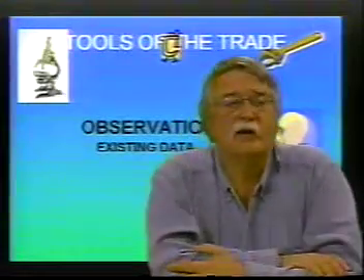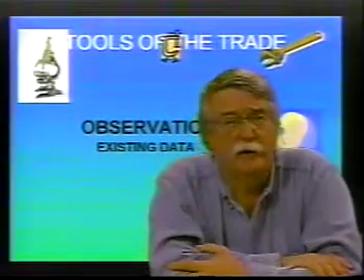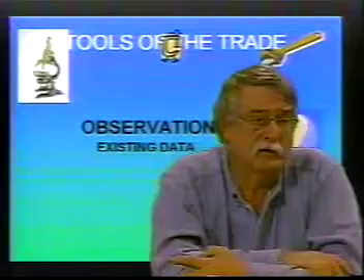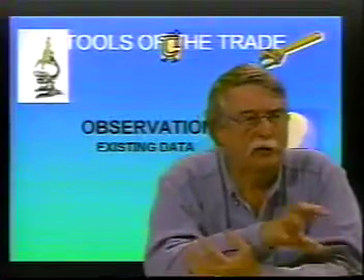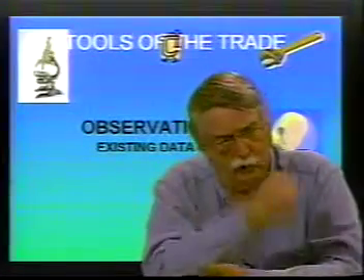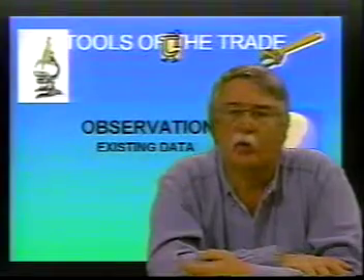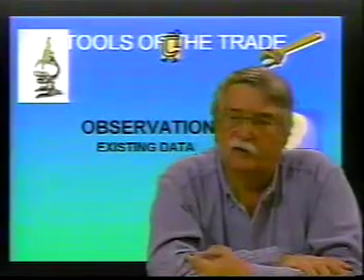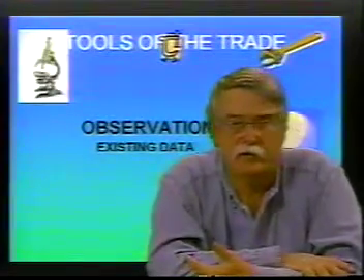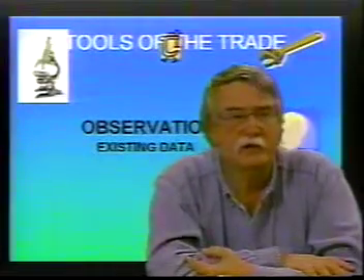Another kind of observation that's very common, and that we'll be doing a fair bit of in this class because of the nature of it, where we'll be presenting information on video but also have you exploring information available via the internet and other sources, is that you'll end up using existing data.